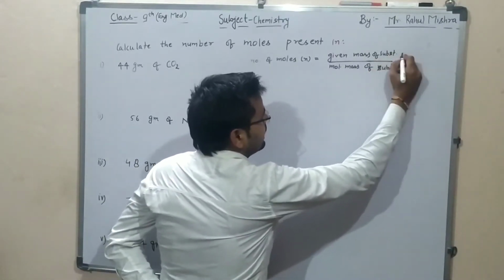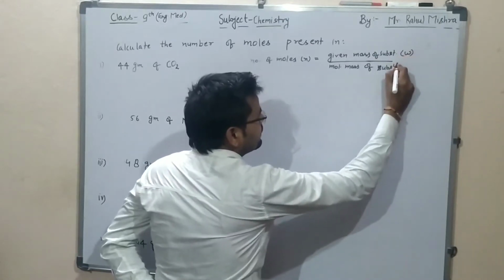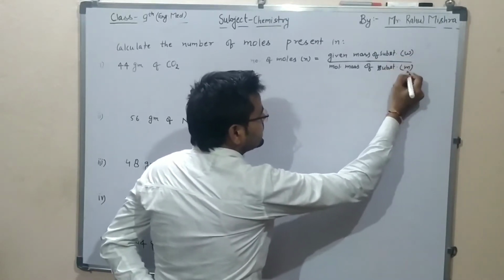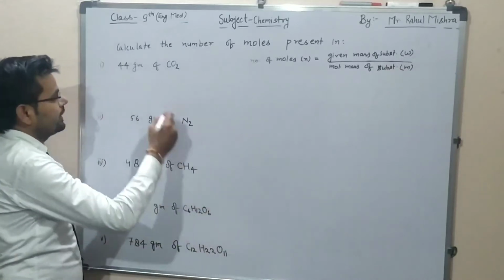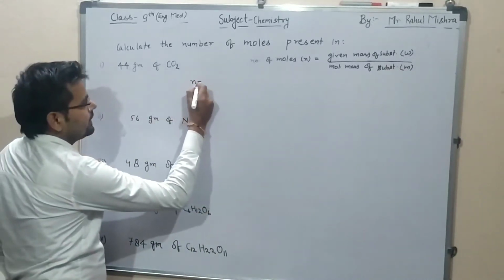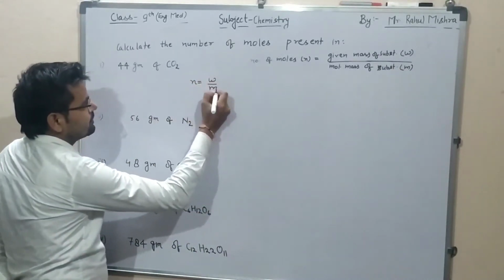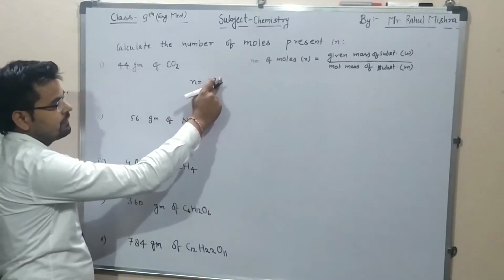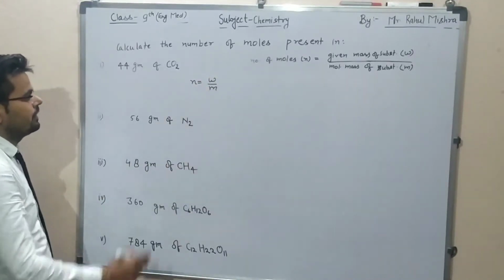Given mass of substance is small w and molecular mass of substance is small m. So we can write small n is equal to w by m.